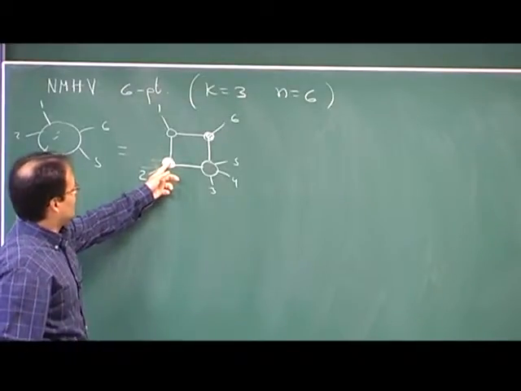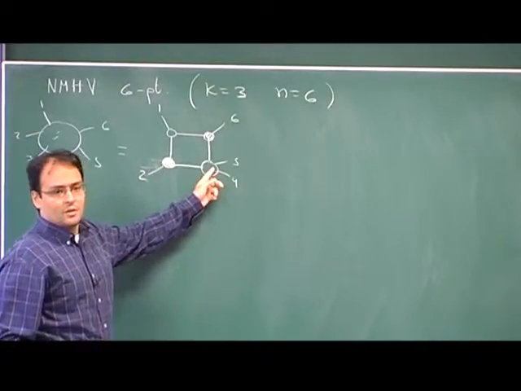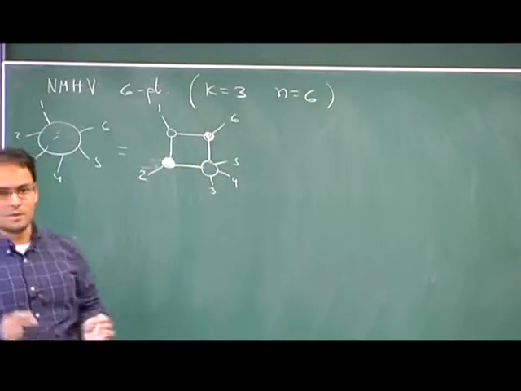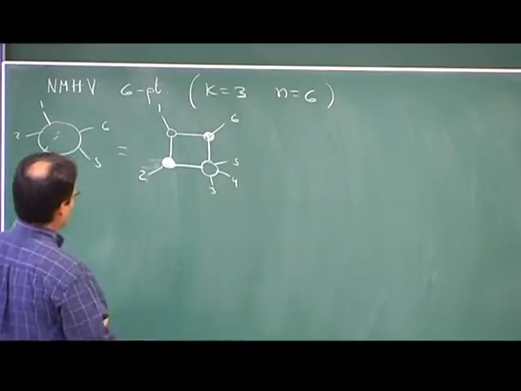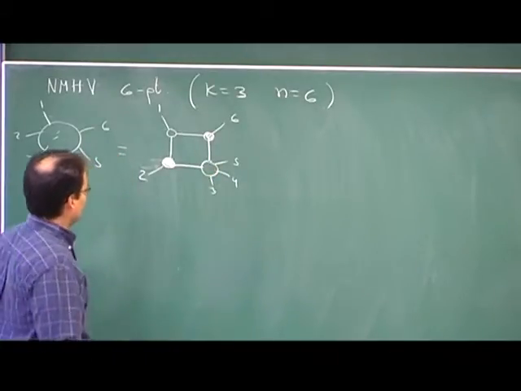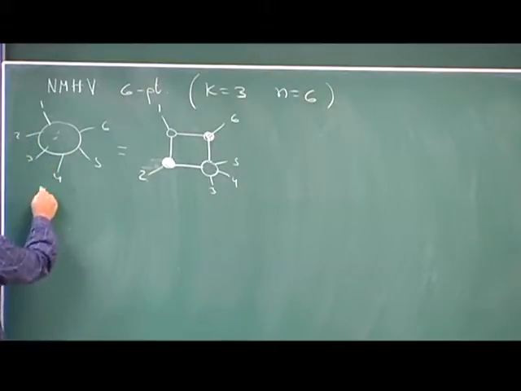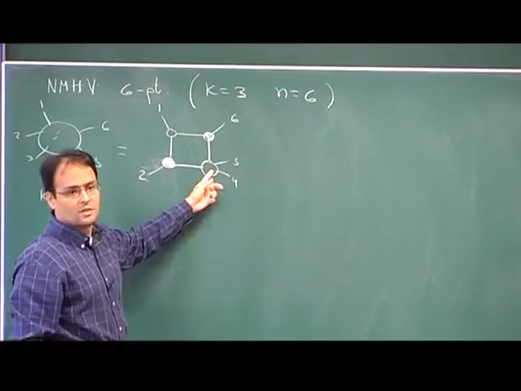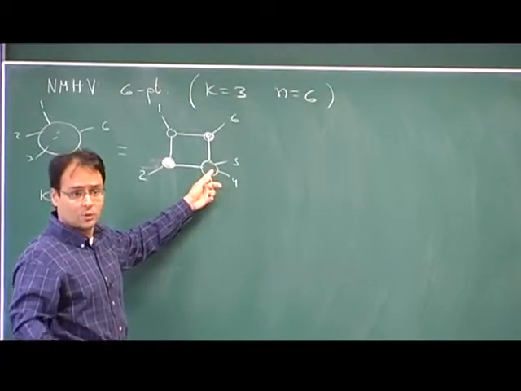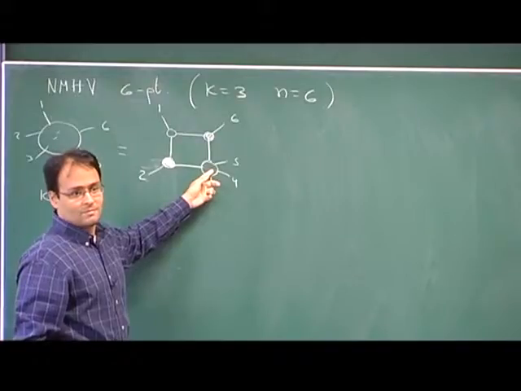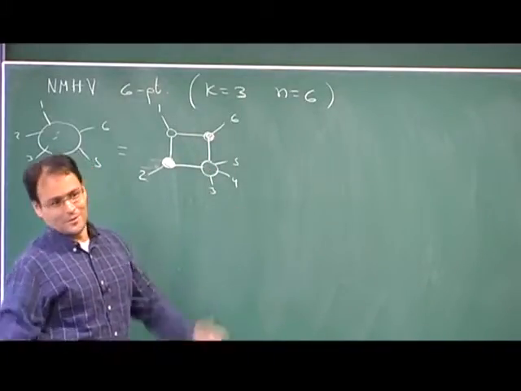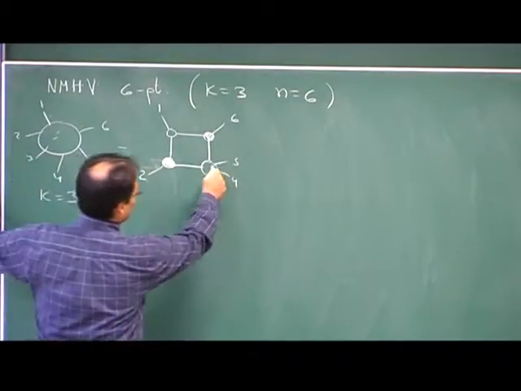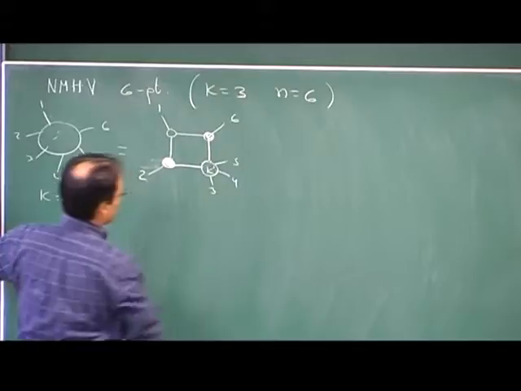Now, if this is a black vertex, what should be the k of this amplitude so that the k of the total graph is equal to 3? Can anybody quickly compute it? So we need the total k to be 3 always. So we have to determine the k of this one. This one could be a k equals 2 or a k equals 3 amplitude. So you can just say a number, you have 50% chances of getting it right. Well, let's see. Let's call it K prime.